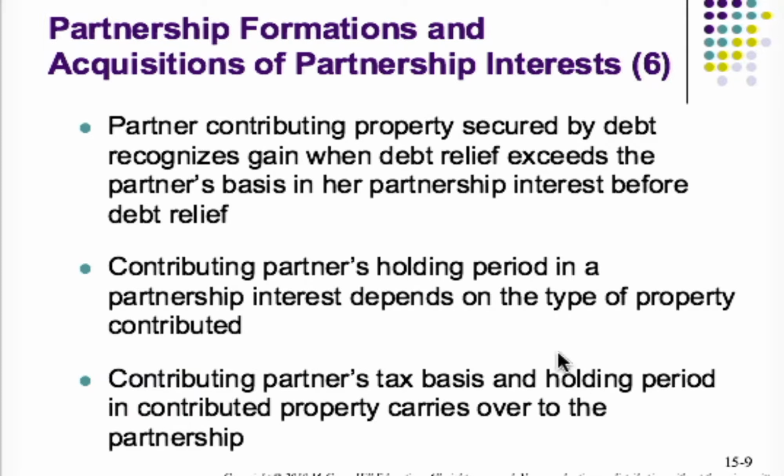And as is typical, if you contribute property to an entity and your basis in that property is lower than the debt that you carry, whether the property carries that's also being assumed by the entity, then whatever the difference is, we're calling that a gain to the partner donating it or contributing it, I should say.